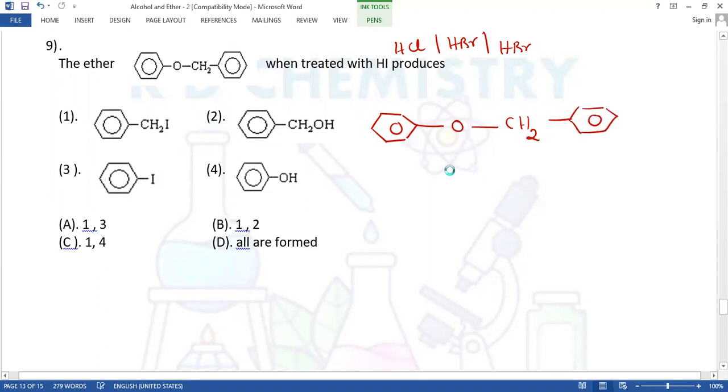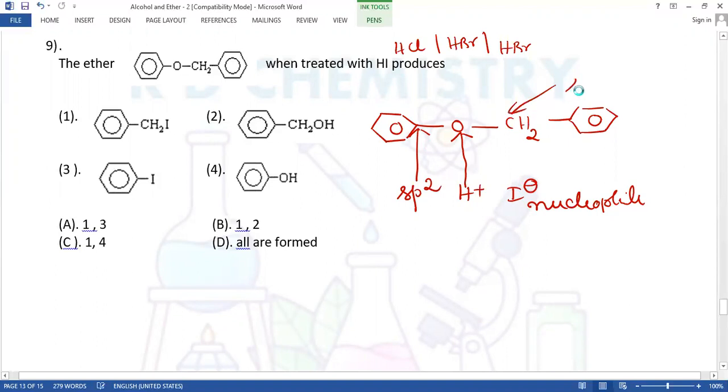Now let me write H plus and I minus. H plus always goes along with the oxygen. I minus, being a nucleophile, generally attacks a carbon atom. This carbon on the benzene is sp2, and this other carbon is sp3.